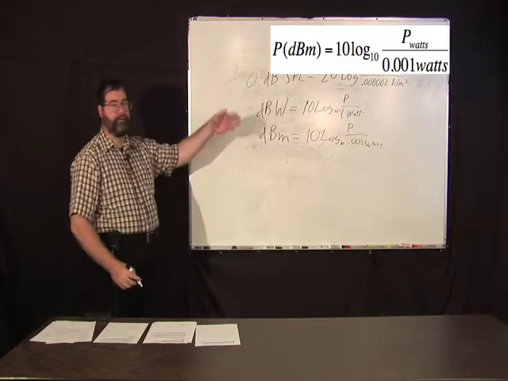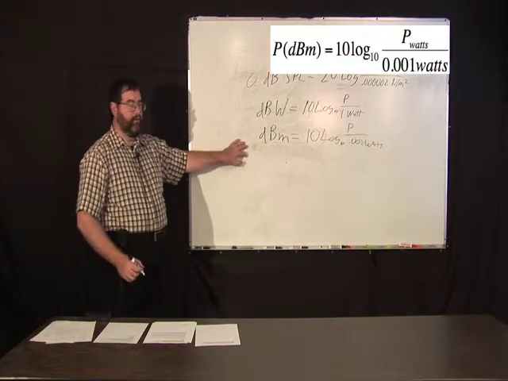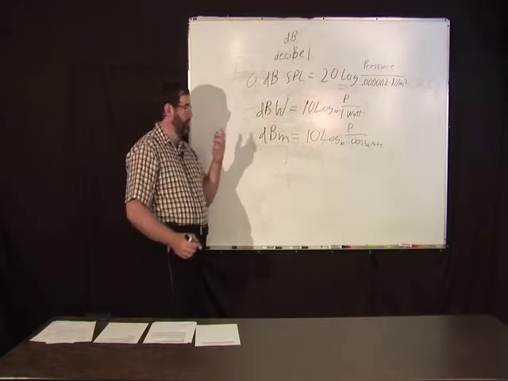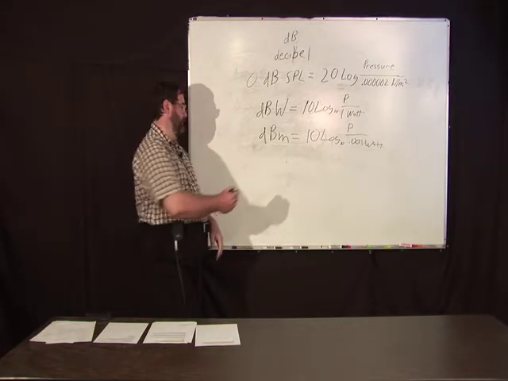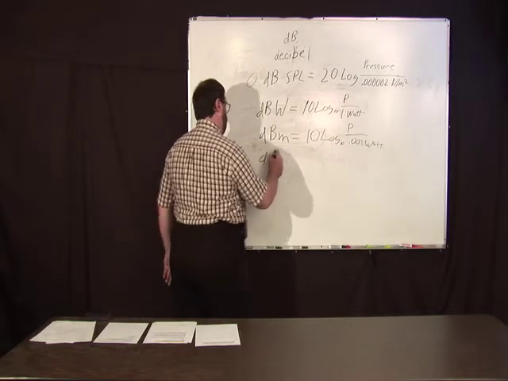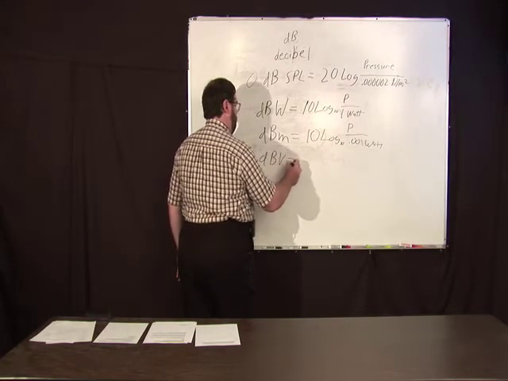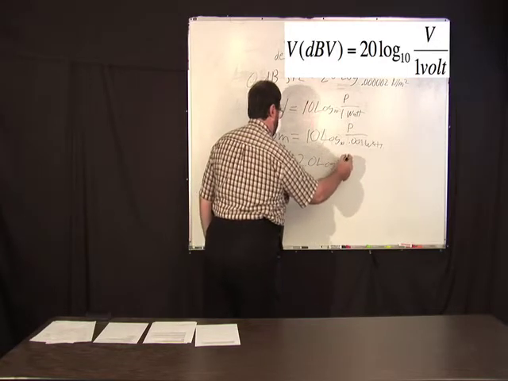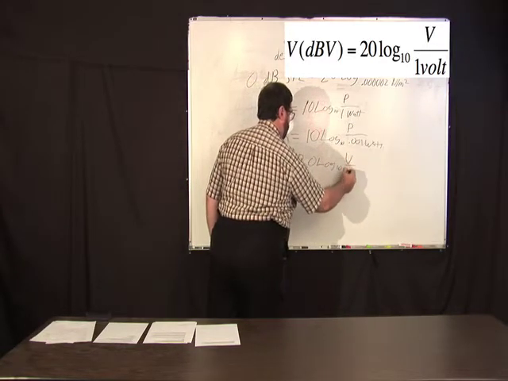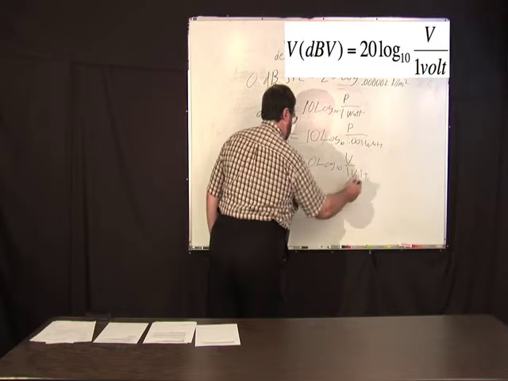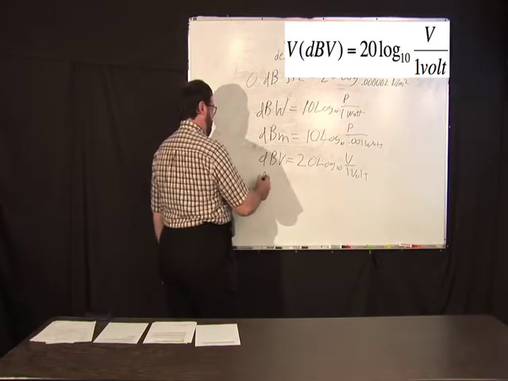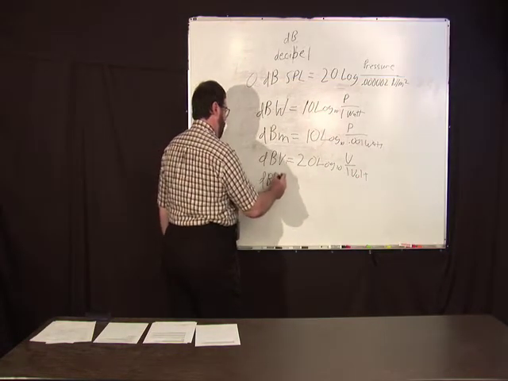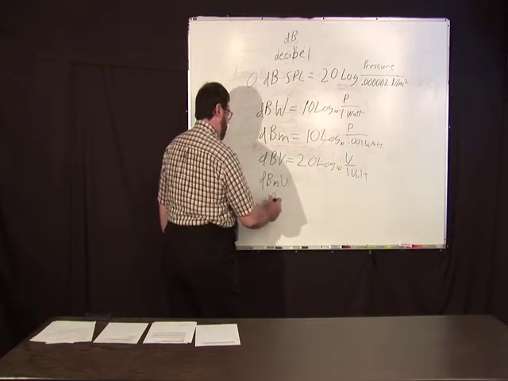You can also have dBV, dB relative to a volt. It's going to be 20 log, because this is voltage, of V over 1 volt. Correspondingly, there's dB millivolts, there's dB microvolts.